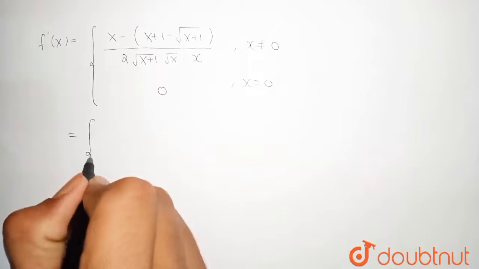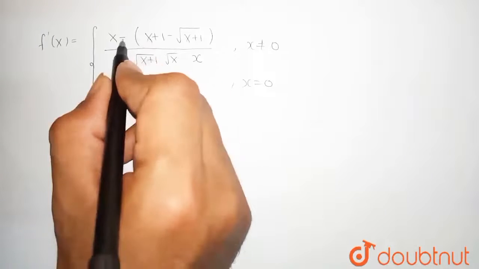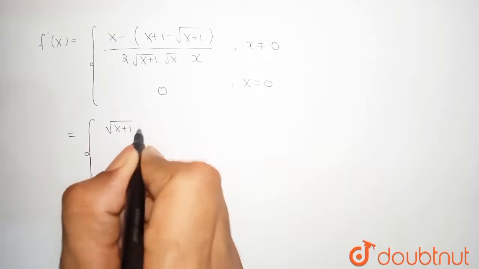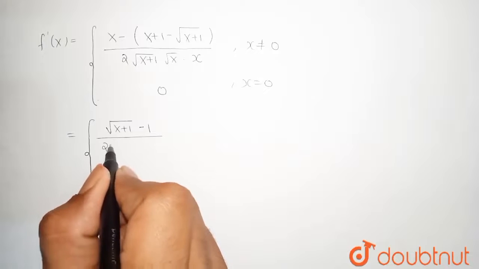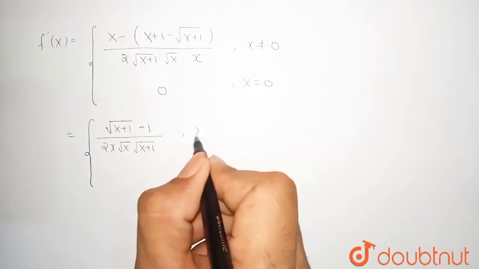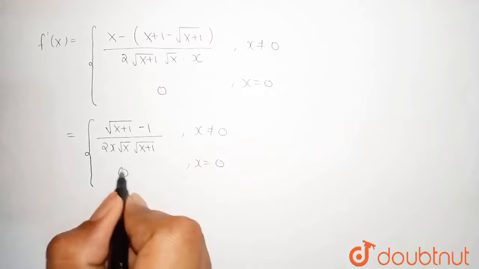As we can see, x and minus x both cancel. The remaining term is under the root x plus 1 minus 1, whole divided by 2 times x under the root x plus 1, if x does not equal 0, and if x is equal to 0 this becomes 0.